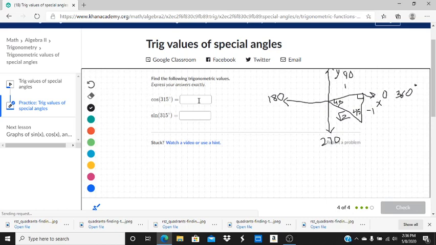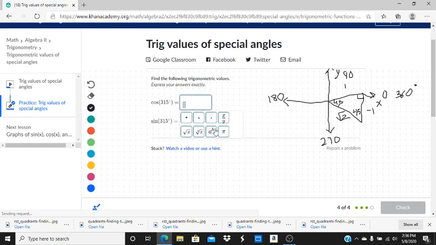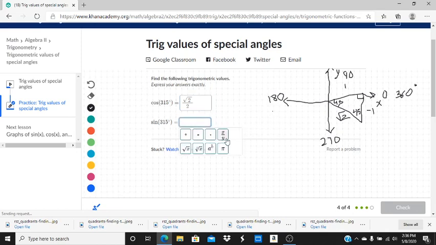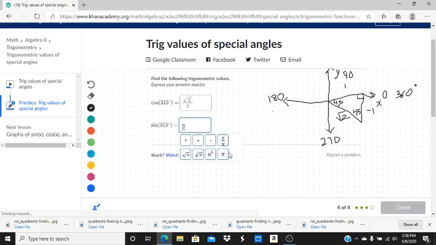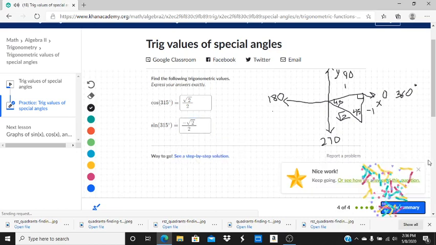So my cosine, we worked it out in the previous problem, is going to be the square root of 2 over 2. The sine is going to be the negative square root of 2 over 2. And we'll check our work.